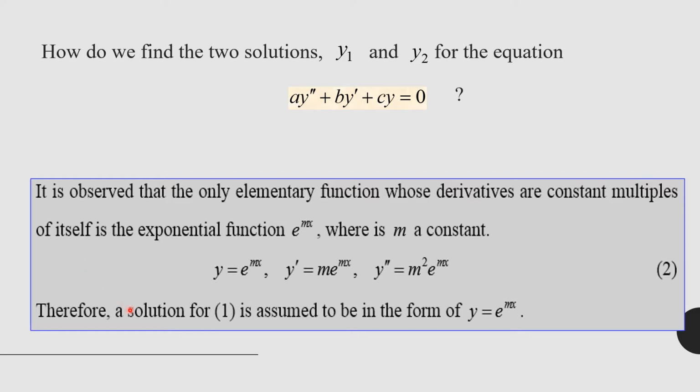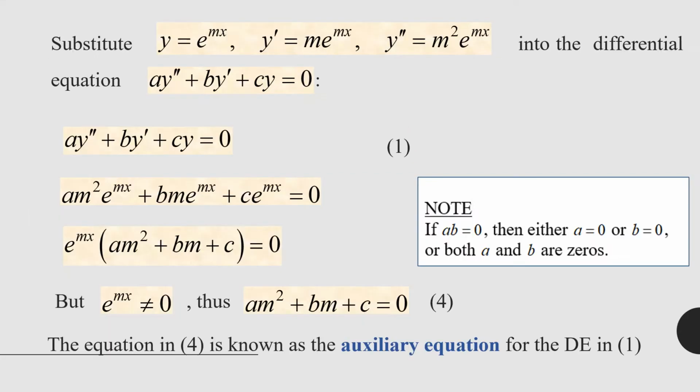Due to this, we assume that the solution of equation 1 is in the form y equals e to the mx. Since we have said that y equals e to the mx is the solution of this equation, y prime and y double prime must satisfy this equation. So let us substitute y prime and y double prime into the left hand side of this equation.